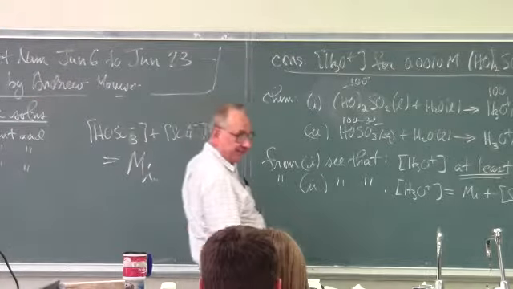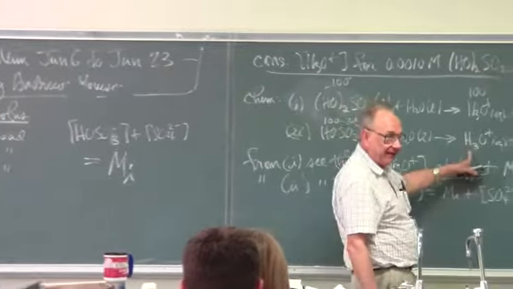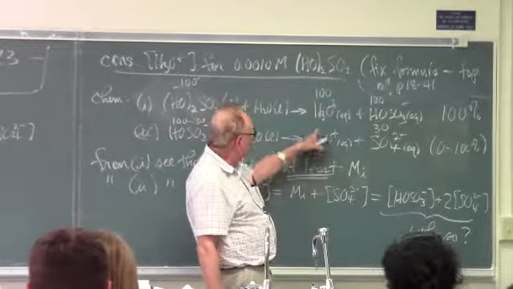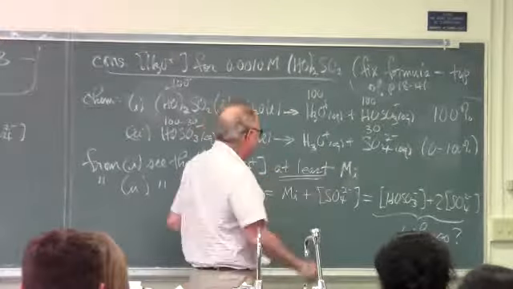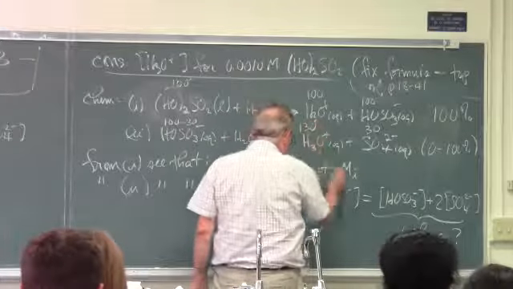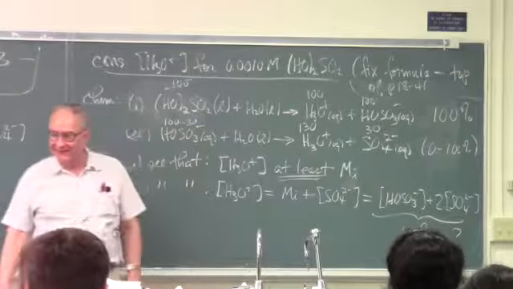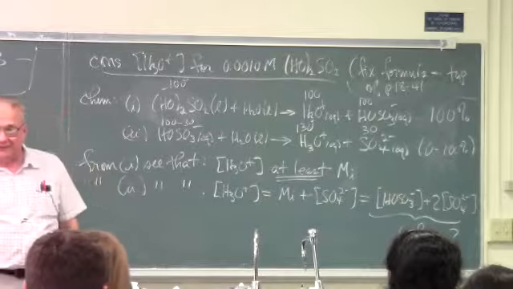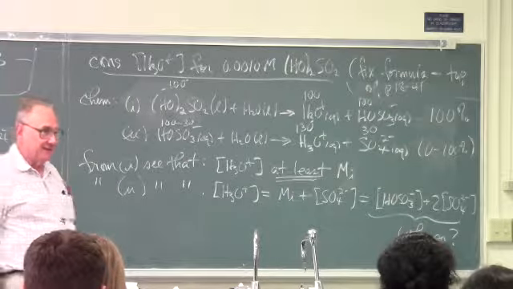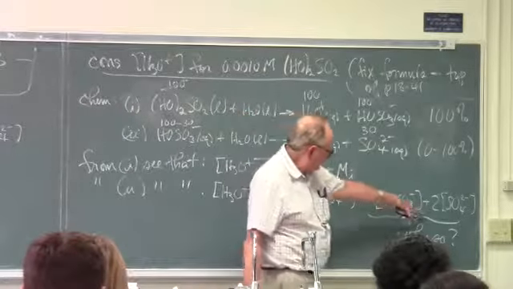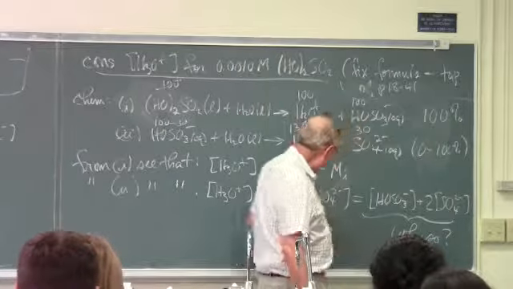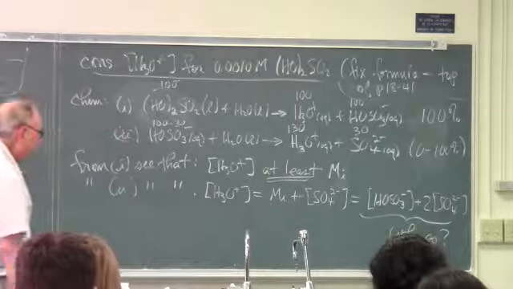And now, how many of these do I have? I made 100 by the first reaction and 30 more by the second reaction, didn't I? There you go. That shows this. Nothing fancy about this if you pay attention to the chemistry. So, we showed this, and we also showed this, pardon me.